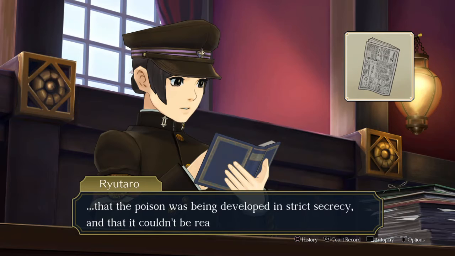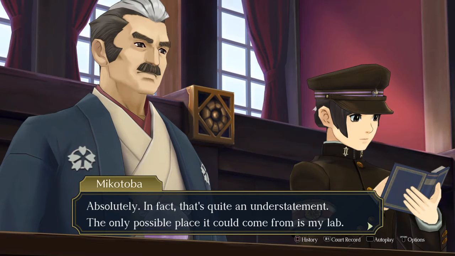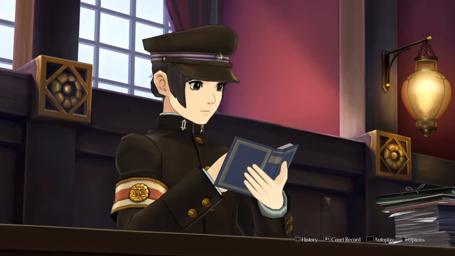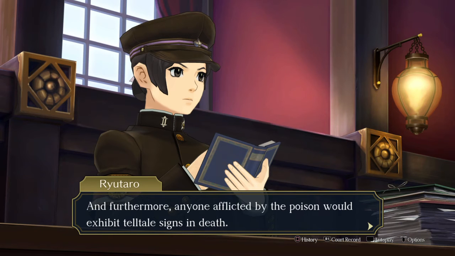Namely, that the poison was being developed in strict secrecy, and that it couldn't be readily attained. Absolutely. In fact, that's quite an understatement. The only possible place it could have come from is my lab. And furthermore, anyone inflicted by the poison would exhibit telltale signs in death. Oh, like the pupil thing.